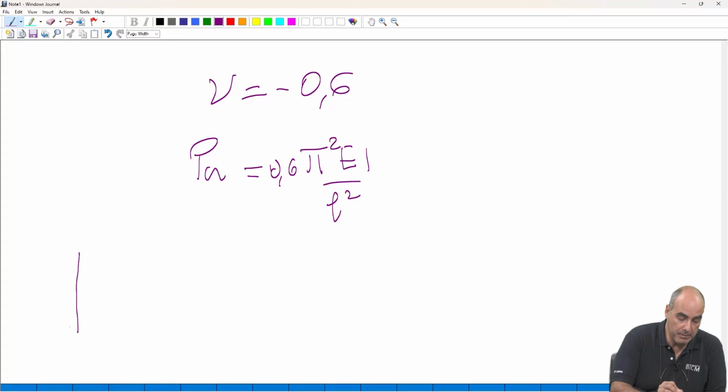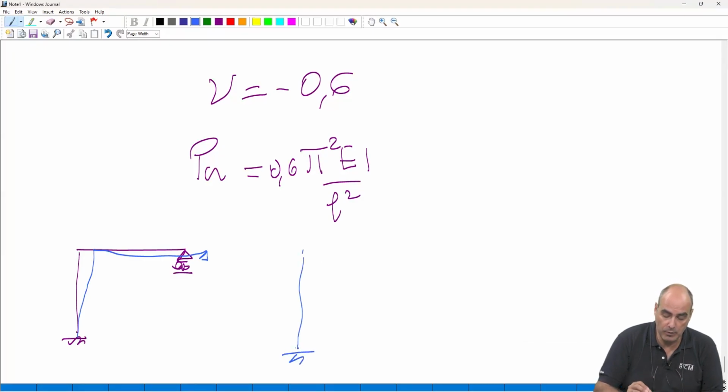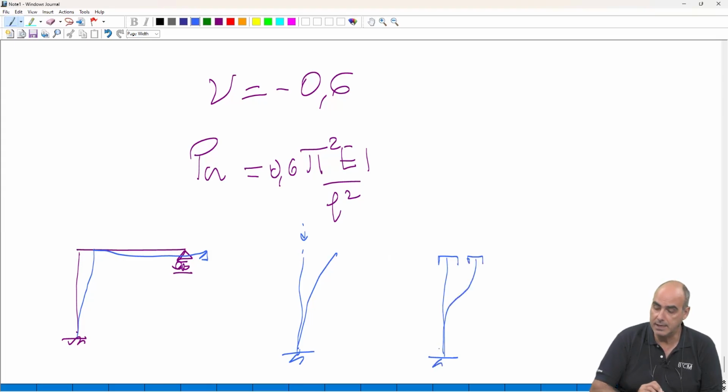But remember, our structure was this. And if the structure buckles, it will buckle in this way. And the column is in between a cantilever and the other model that we have sketched this morning.